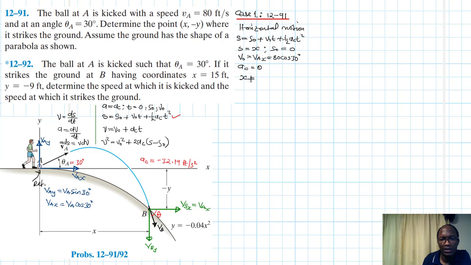Therefore, we'll have x equal to 80 cos 30 times t. Let's go to the vertical motion. Vertical motion, we are using the same equation again.